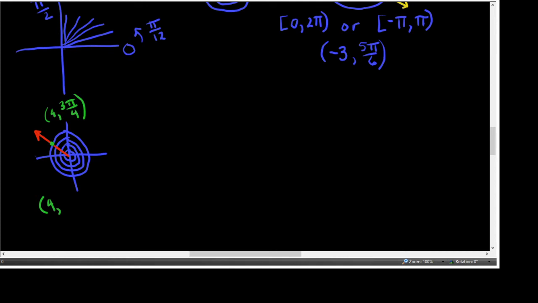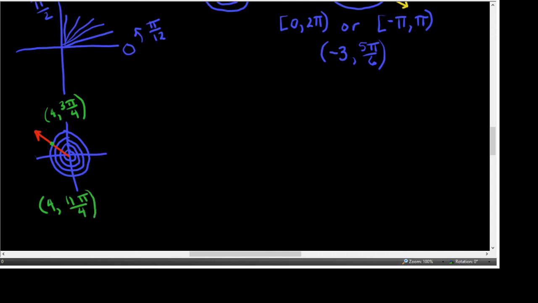I'm going to ask that you not go crazy on me and either add 2 pi or subtract 2 pi. Most people find addition easier, so that's what I'm going to do, generally speaking. 2 pi is 8 pi over 4 plus 3 pi over 4 gives me 11 pi over 4.